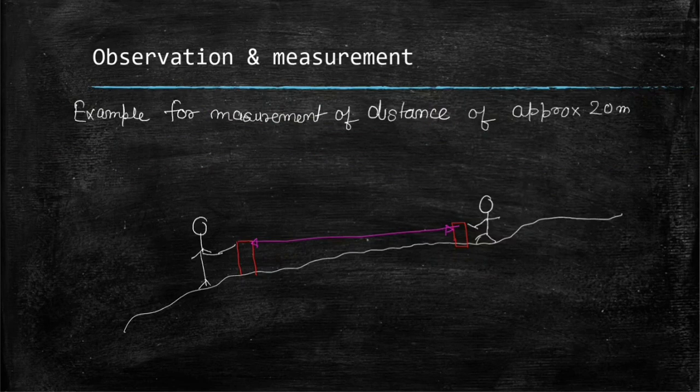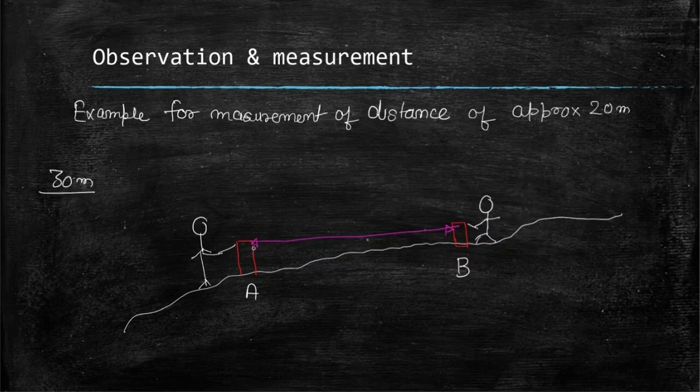Take a very simple example of measuring a distance between two points, point A and point B. Two observers are standing here. Let's say the approximate distance between the points is 20 meters and we are using a 30-meter tape.